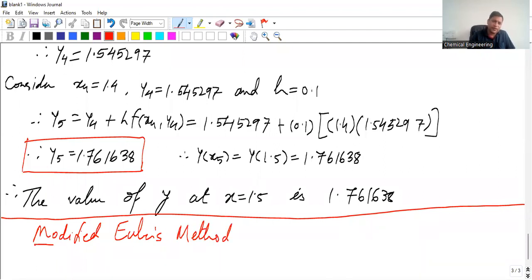I have told you that there are some methods which are multi-step. The Euler method is a multi-step method, as well as this method.